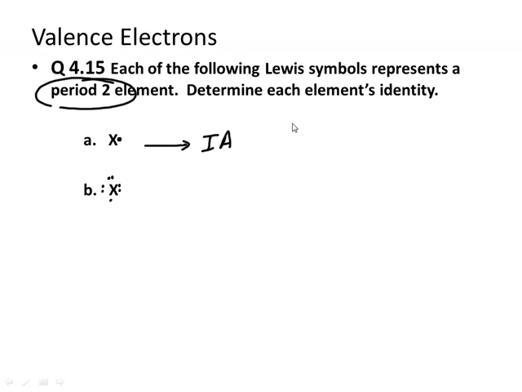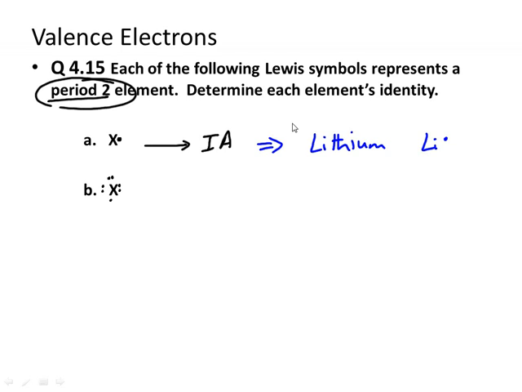And the fact that it is in period 2, I need to now look at my periodic table and look at which element is in period 2 and group 1A. If I do that, the answer comes out as lithium. Lithium, Li, will have a Lewis dot symbol of Li with 1 dot showing 1 electron.